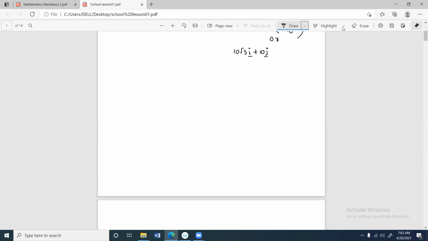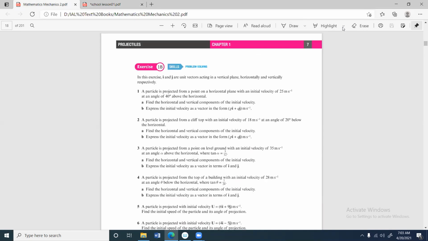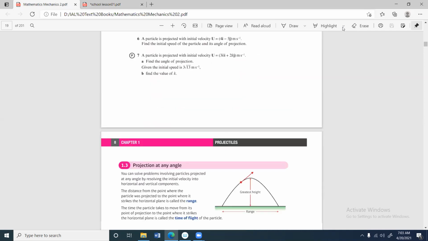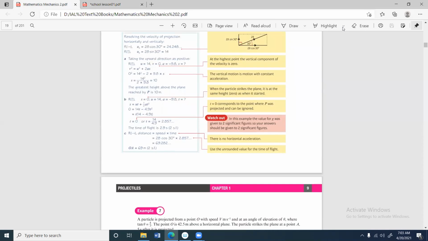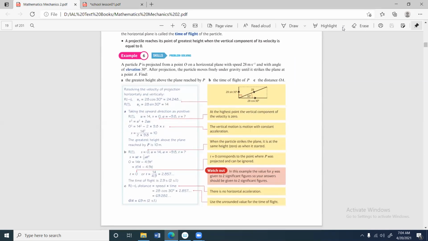Then we are going to learn about this concept, a projectile at any angle. These concepts we have already learned in our AS level physics.